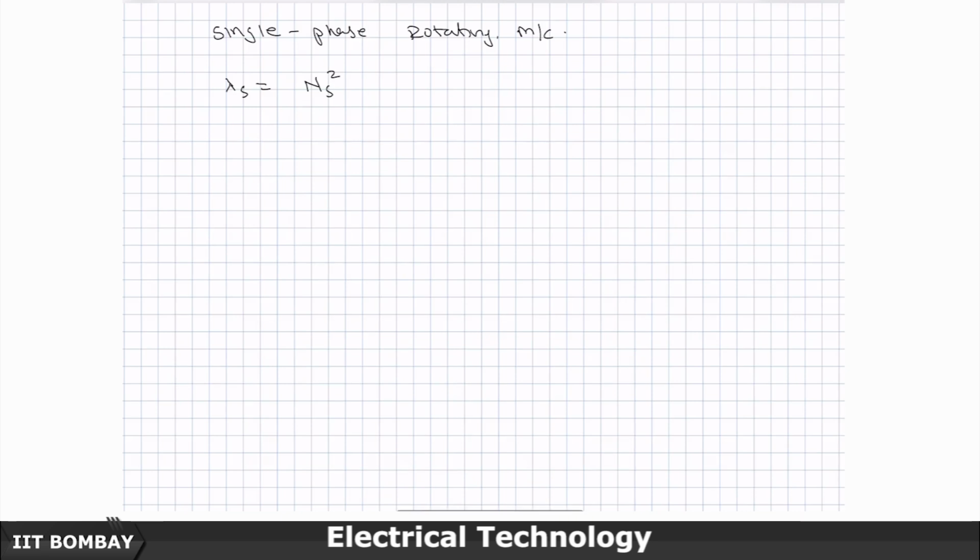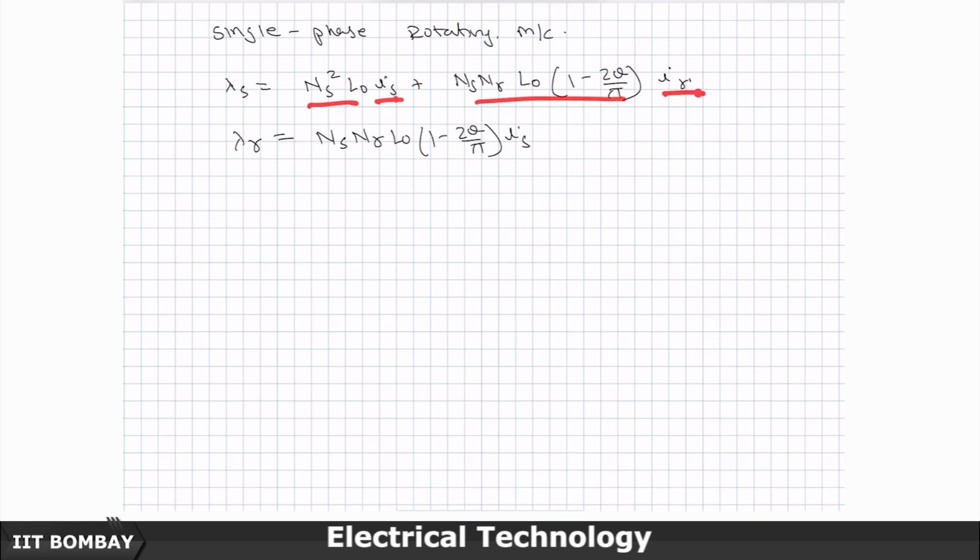So, I am just recalling that here: lambda s is Ns square L0 Is plus Ns Nr L naught times 1 minus 2 theta by pi times Ir, and lambda r, the flux linking the rotor winding, is, I am sorry, Ns Nr L naught times 1 minus 2 theta by pi times Is, the mutual inductance times the current in the other winding, plus the self inductance times its own current.